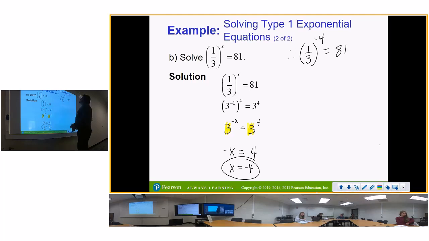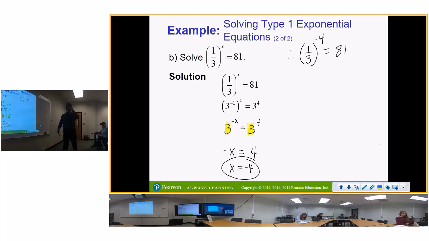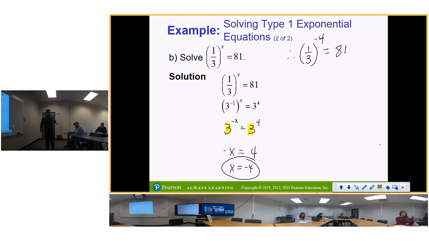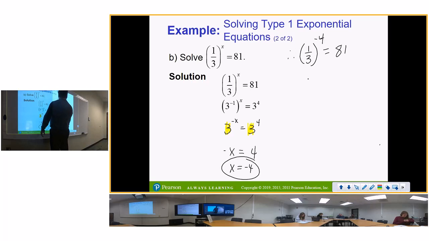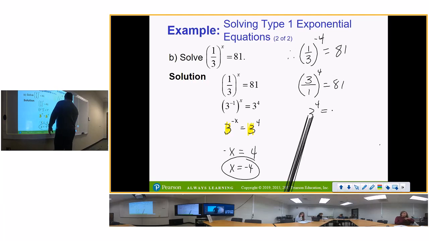What can I use? The law of exponents, there's a law that says if I flip what's on the inside of the parentheses, what will happen to the exponent outside? The sign will change. Not negative, but what? Positive. It switches the sign. So 3 over 1 is now raised to the 4th power, which is 81. That's 3 to the 4th power is equal to 81.